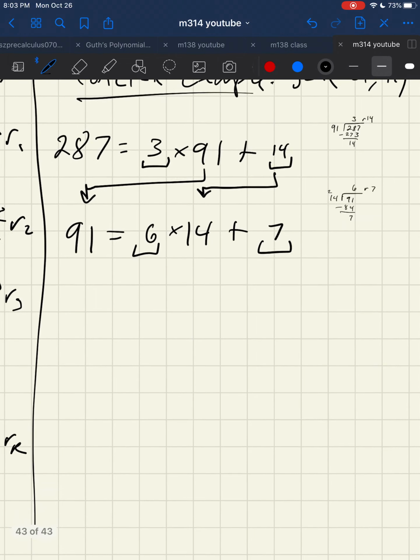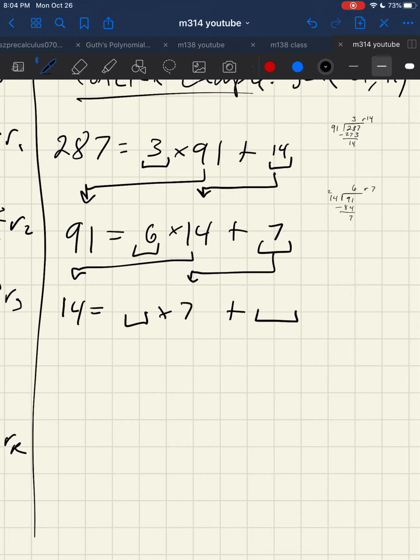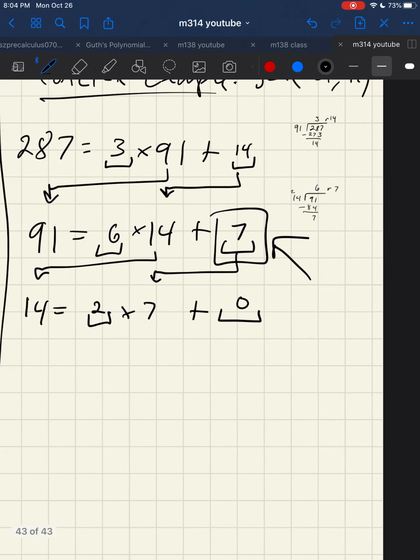This number actually doesn't matter for this calculation, but it will matter for some other calculations we're going to do later. So then on my next stage, I say 14 is equal to something times 7 plus something. Well, hopefully everyone watching this can do this in their heads. 14 is equal to 2 times 7 plus 0. Now we've reached 0, which means this number right here is the GCD.